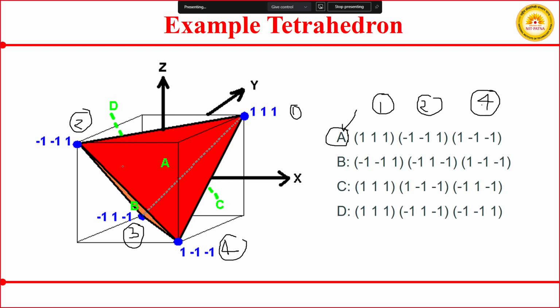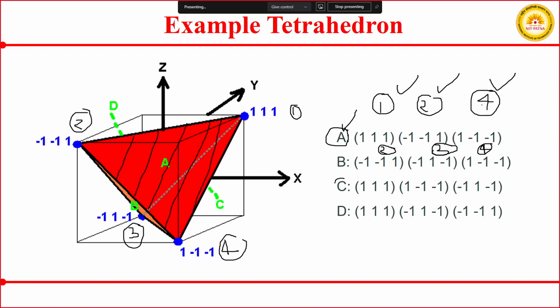This is, in red color which is shown, this whole surface. This triangle is corresponding to which vertices? 1, 2 and 4. Surface B is corresponding to vertex 2, 3 and 4.